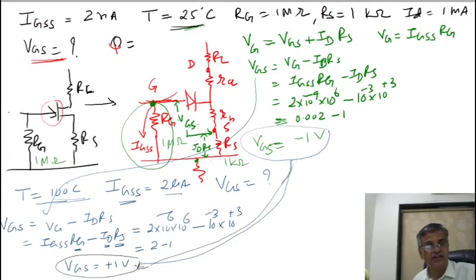As a result, overheating of the transistor takes place, and this may produce a distortion in the output, or in worse condition it destroys the FET. So you cannot keep a large value of Rg. This is called the second limitation. I think you understand the second limitation. Here at 25 degrees centigrade it was minus 1, and due to temperature increase, at 100 degrees centigrade it becomes plus 1. So a large gate current will flow, and that produces overheating or distortion in the output.